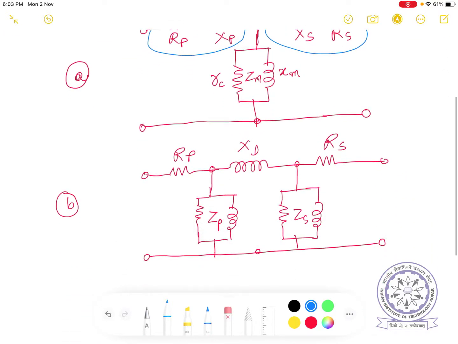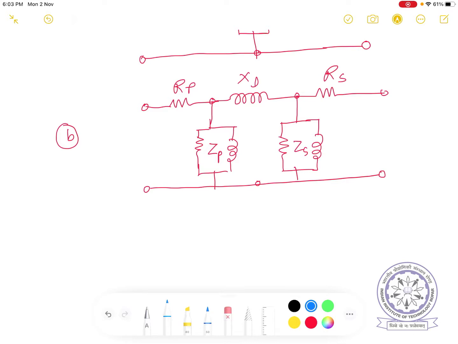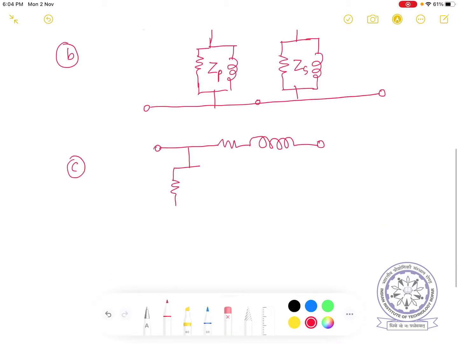The equivalent circuit can then be represented like this, for example. This is resistance and inductance, primary and secondary together, and the shunt branch is given in the beginning.